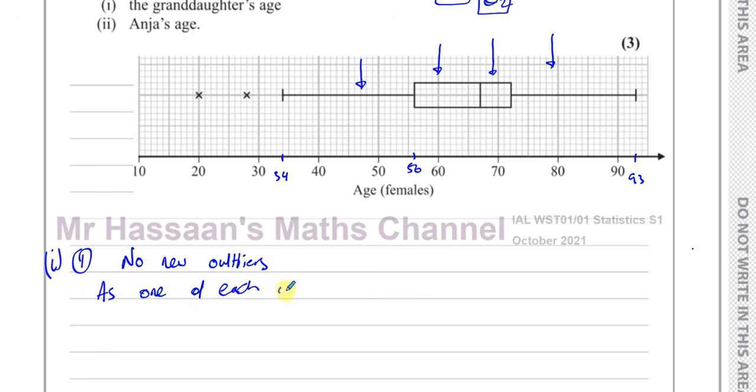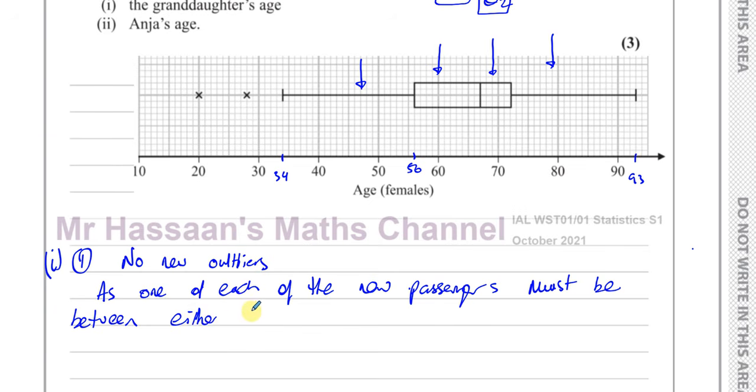So for number 1, we can say that one of each of the new passengers must be between either the lower limit and Q1, or between Q1 and Q2, or between Q2 and Q3, or between Q3 and the upper limit.